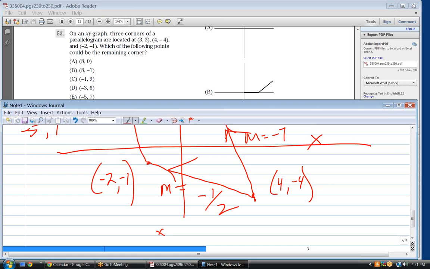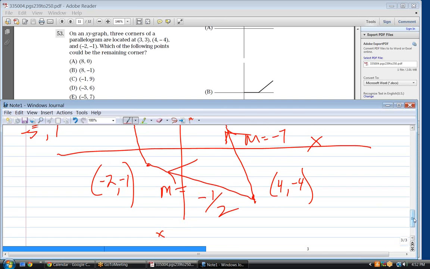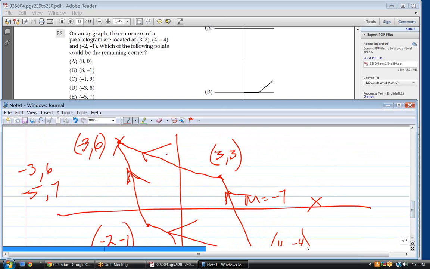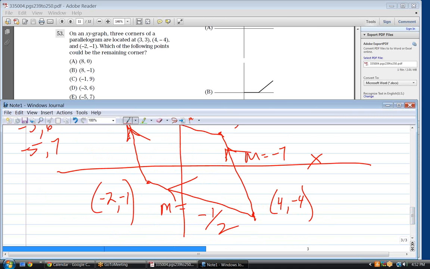Yeah, that's what I meant. Okay? So the question is, if this other point gives us a slope of negative 1/2 on this line, then we have our answer. And it does. So the slope on that is negative 1/2. We have this side parallel to this side, parallel to that side. That's the definition of a parallelogram.